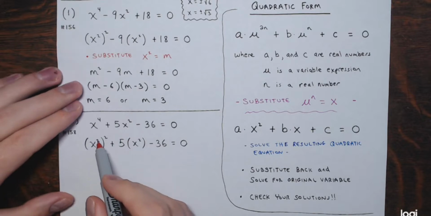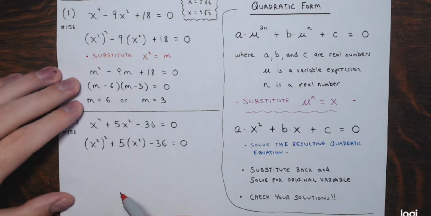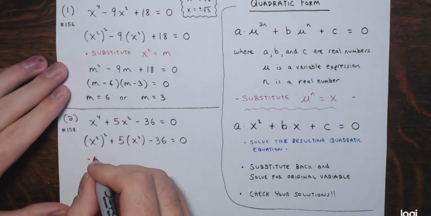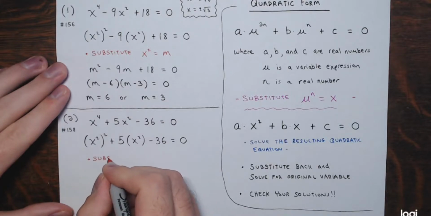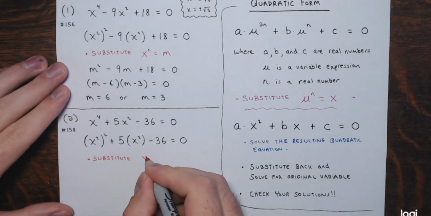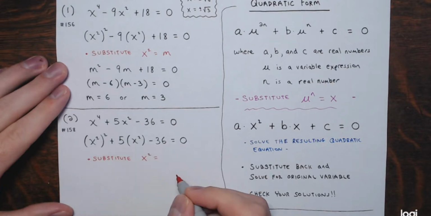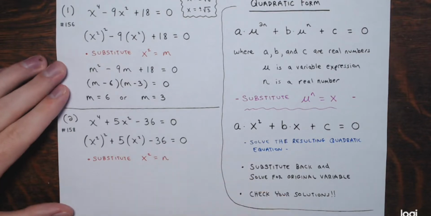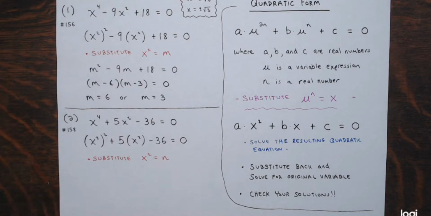Now I will replace these x squareds and actually turn it into a quadratic equation. Right, so let's substitute. I'm going to replace the x squareds with n this time. Why not? It doesn't matter, as long as it's not x again.